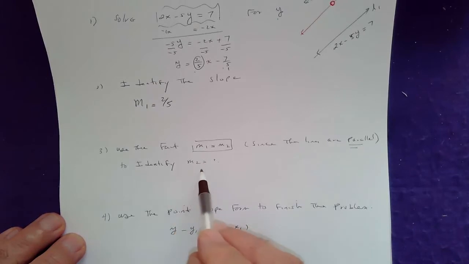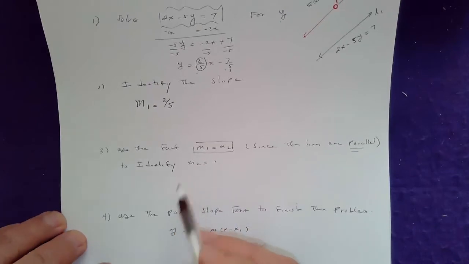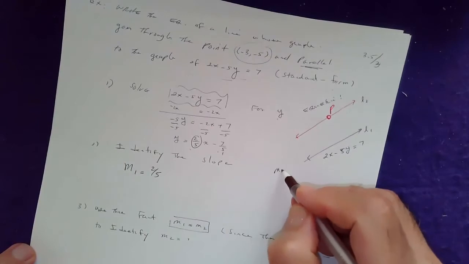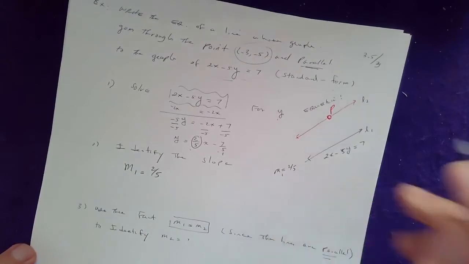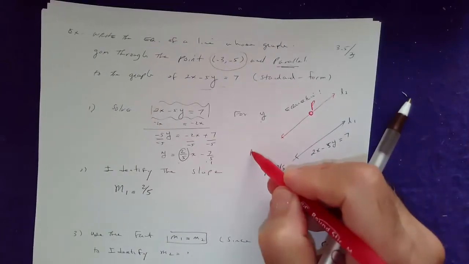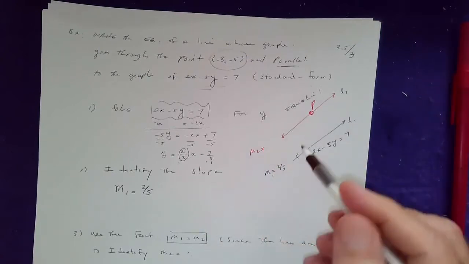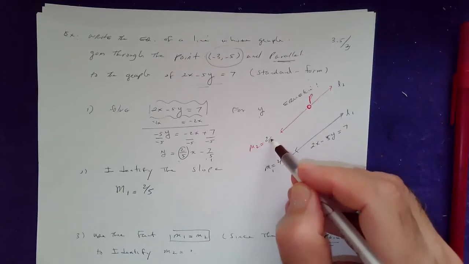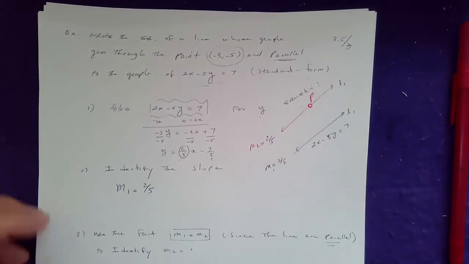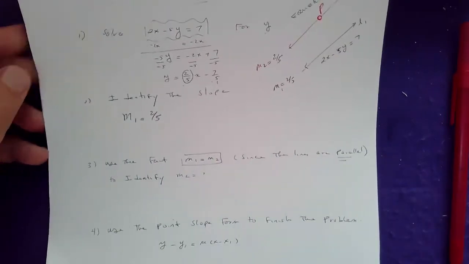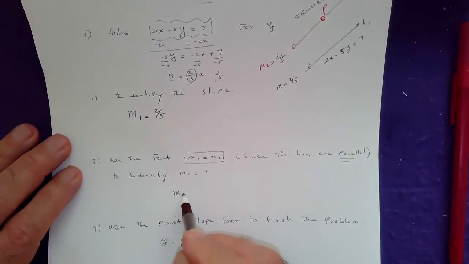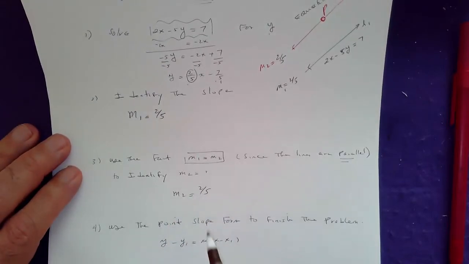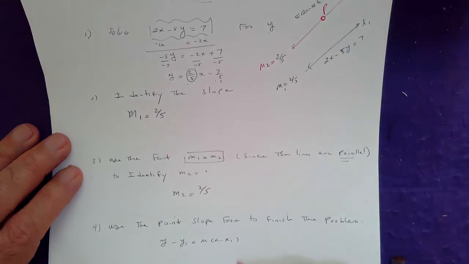So, can you find M2? If the slope of this line is 2/5, what would be the slope of the red line? Well, remember, 2 lines are said to be parallel if they have the same slope. So I'm going to use the same slope as line number 1. So the slope of line number 2 is 2/5.